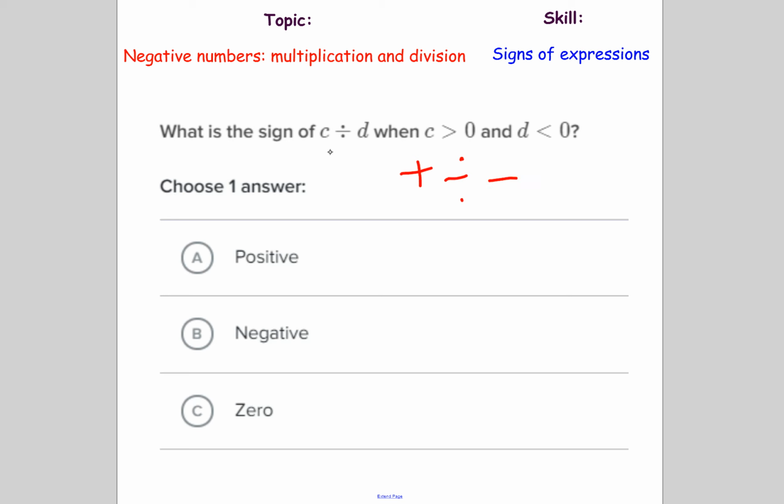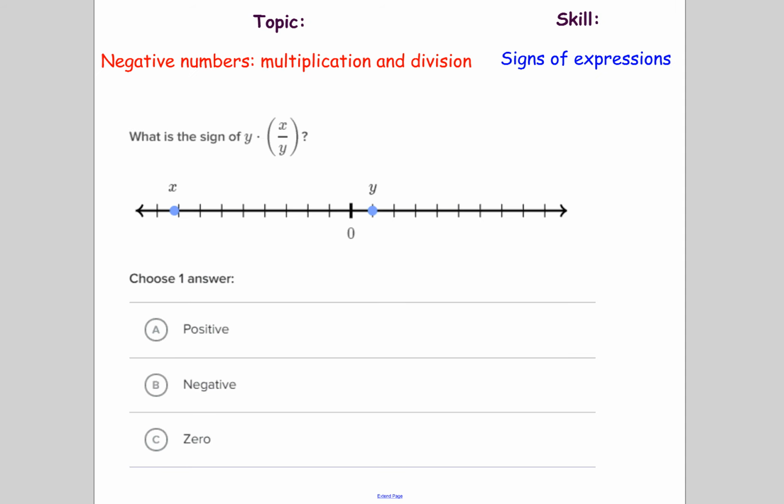So when C is divided by D, well, a positive divided by a negative, or when a good thing happens to a bad person, that is negative.